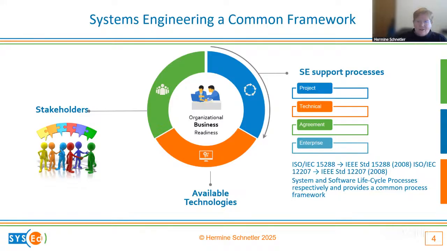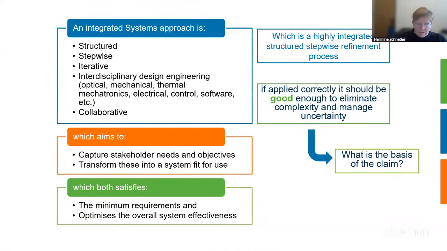So the important point is that things are changing as well. But I think what systems engineering is supposed to bring to us all is this integrated systems approach, which is also quite misunderstood, because it is a structured, stepwise, iterative, interdisciplinary, and collaborative approach.